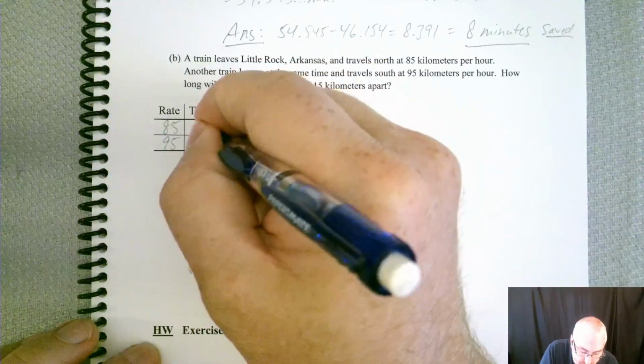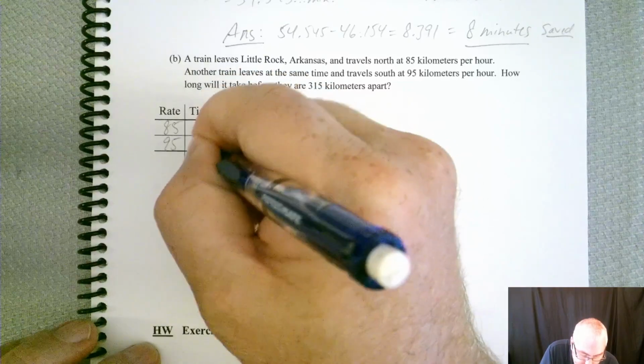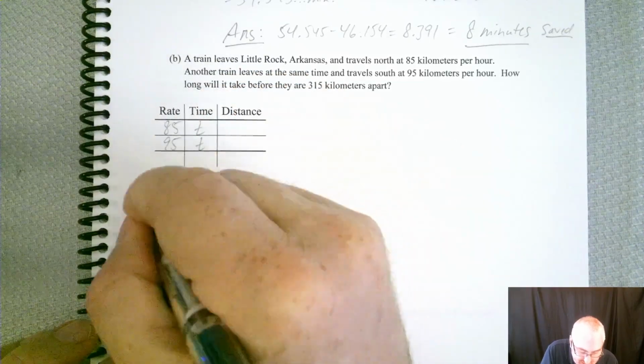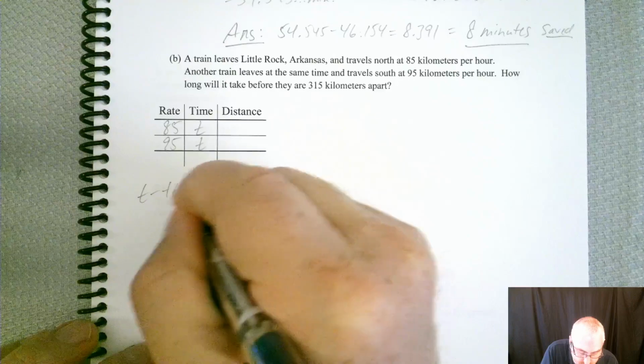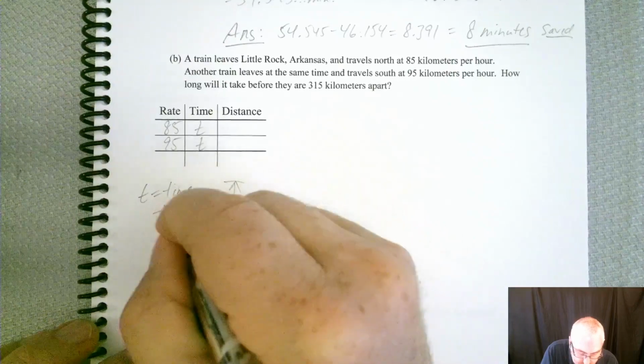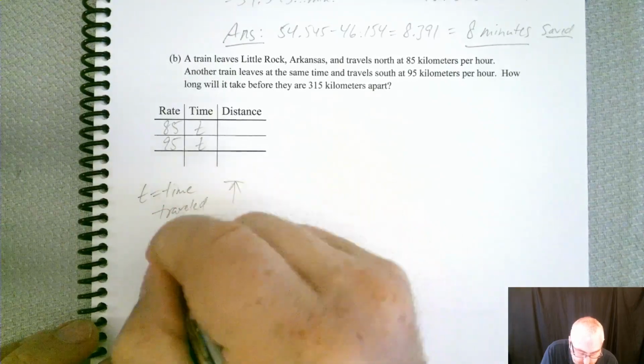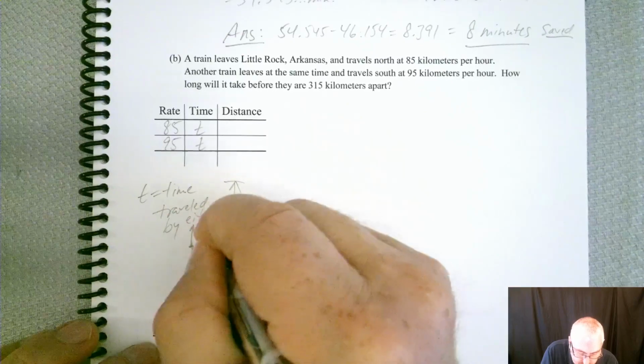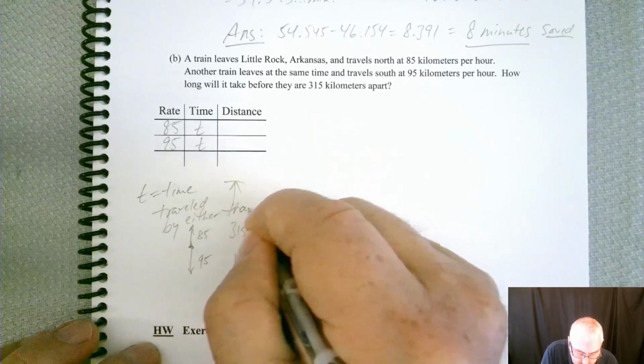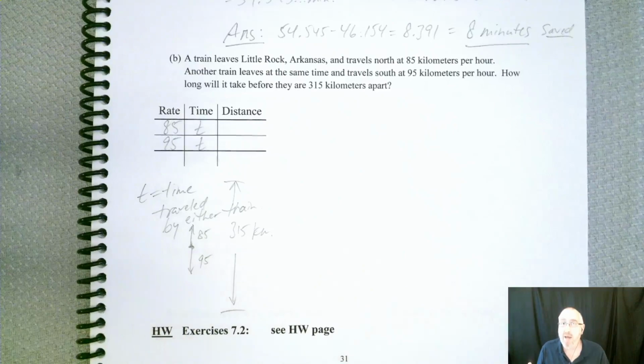So let's use a variable. Let's call it t. So t is the time traveled by either train. So now we have a quantity that we can use.